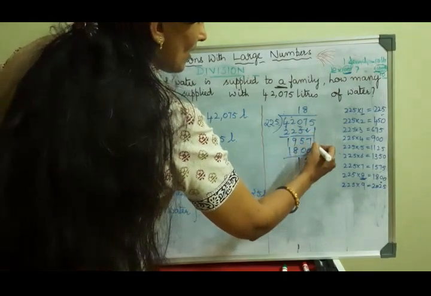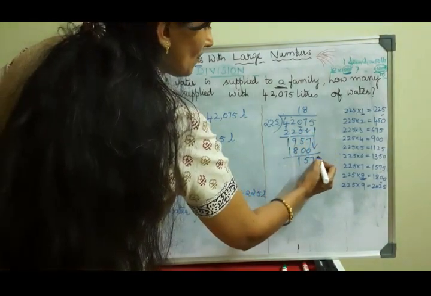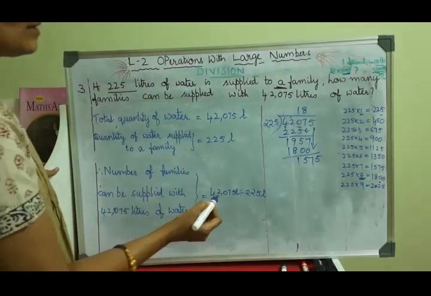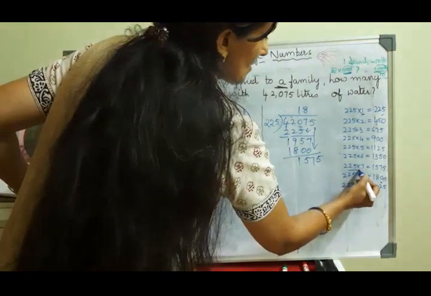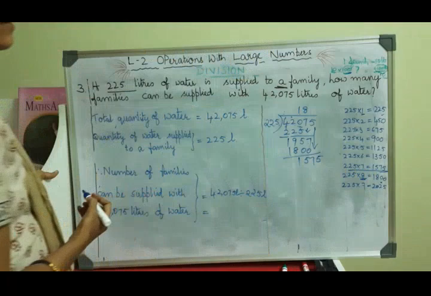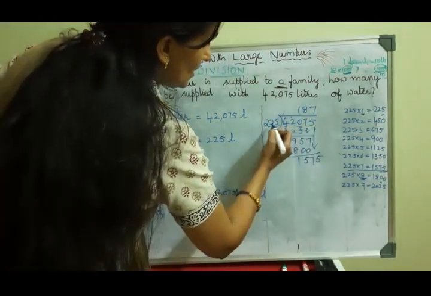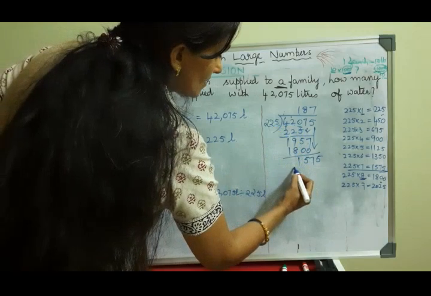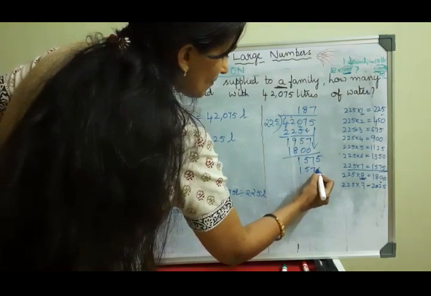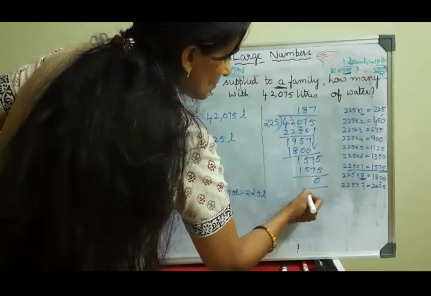Now bring 5 down. Where is that in your table? Yes, see, it is 7. You should opt for 7. Now 7 into 225 is 1575. The remainder is 0. Subtract.